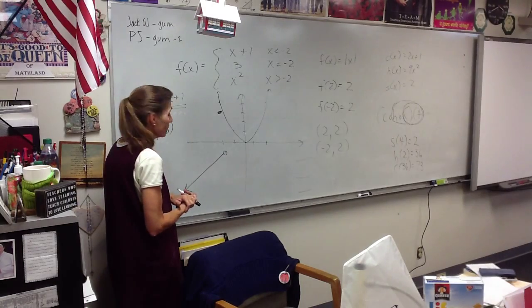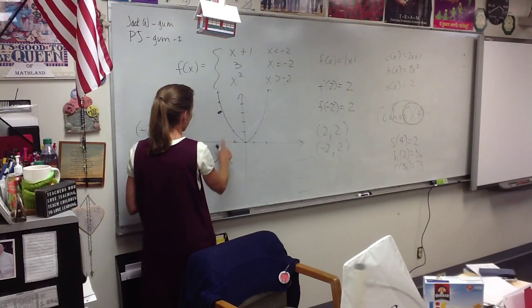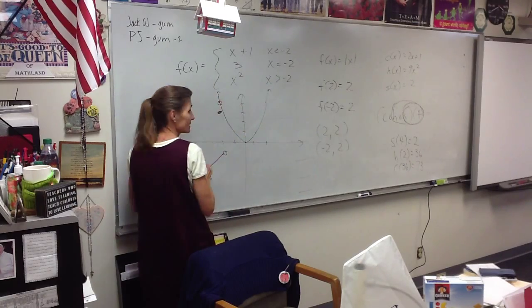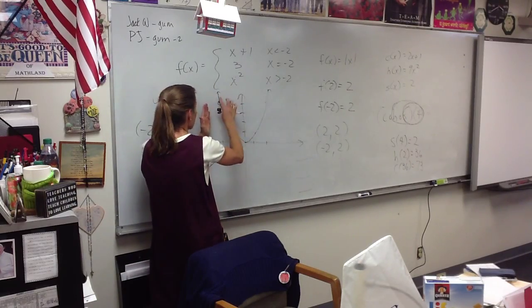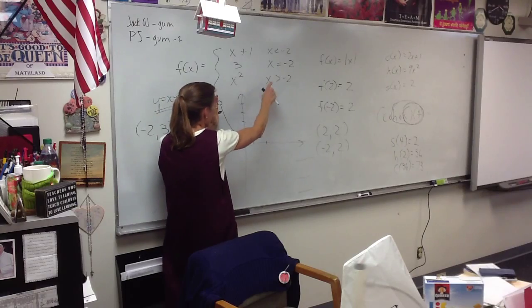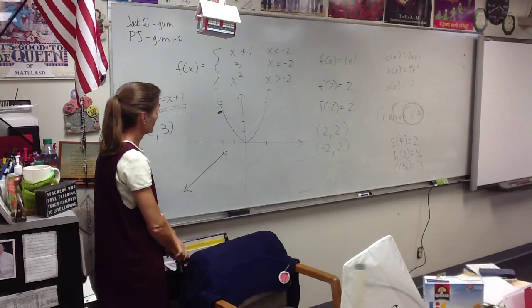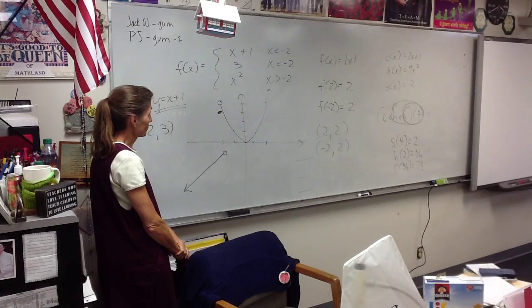Do I want the whole parabola? Nope. I only want the part that's bigger than where x is -2, to the right of where x is -2. So I'm going to erase that part. And I want this part of the parabola. That's where the x values are bigger than -2. And there we go.